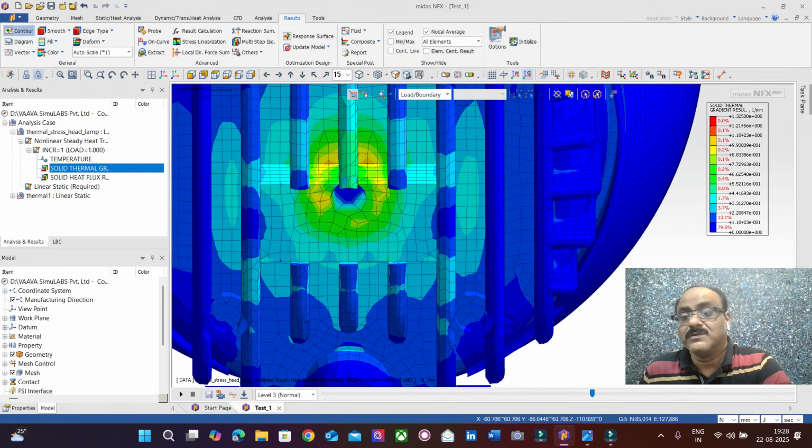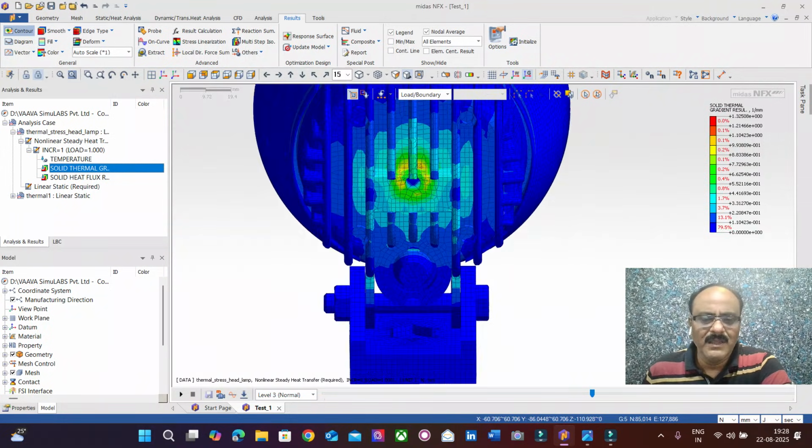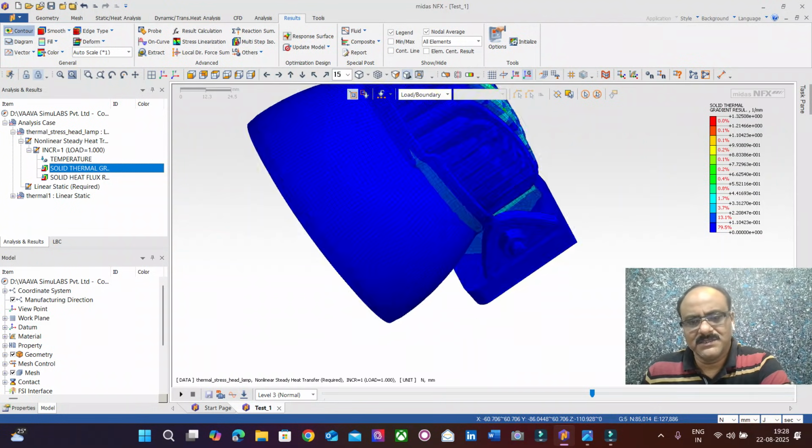I know the maximum is 1.32 and the minimum is of course 0, but still let's say it is about 0.1, 0.2.